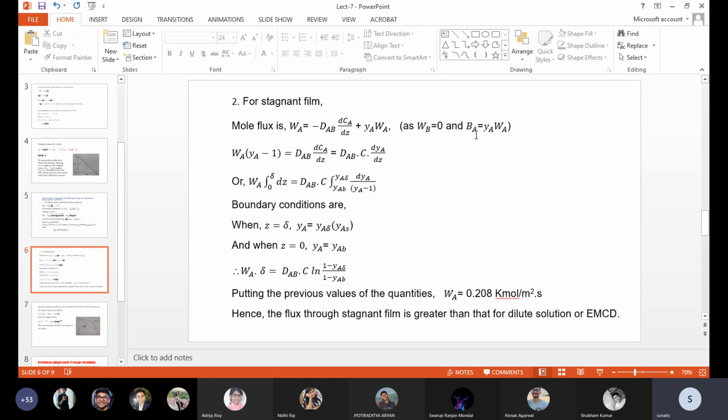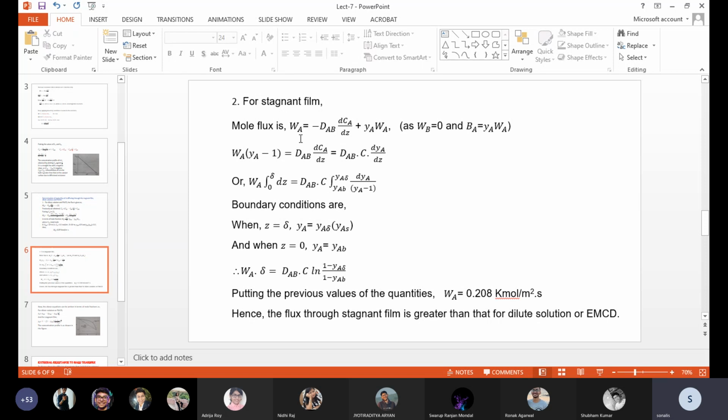The bulk motion of B is 0, but the bulk motion of A remains because A is moving.